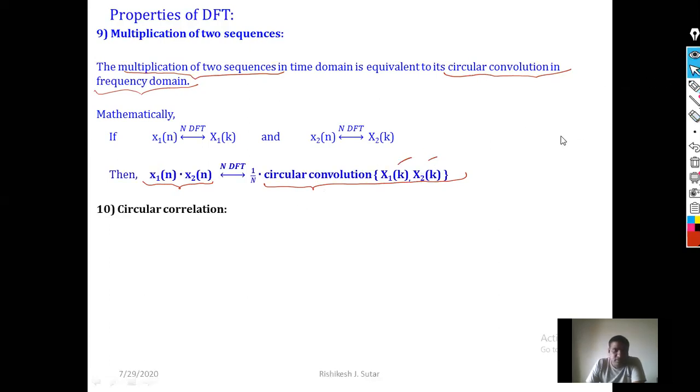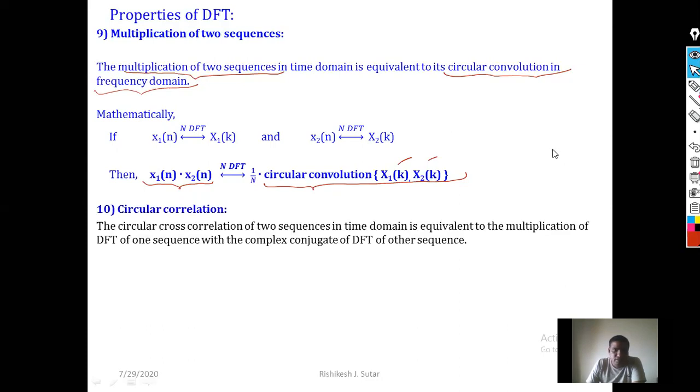So next is the circular correlation. We can see here that it is circular correlation between these two sequences. Circular correlation of two sequences in time domain is equal to the multiplication of DFT of one sequence with the complex conjugate of DFT of another sequence.